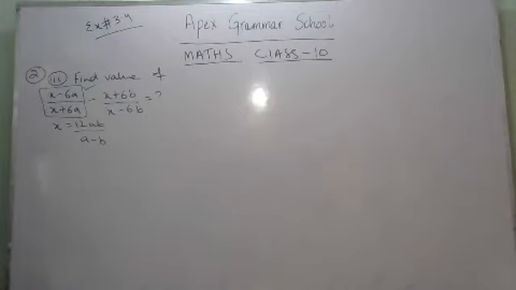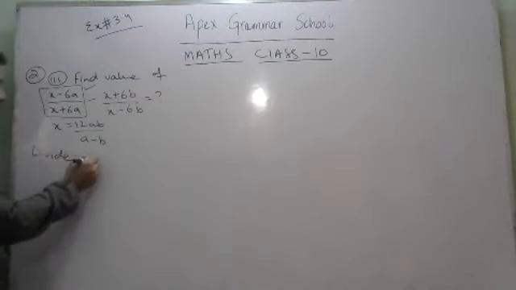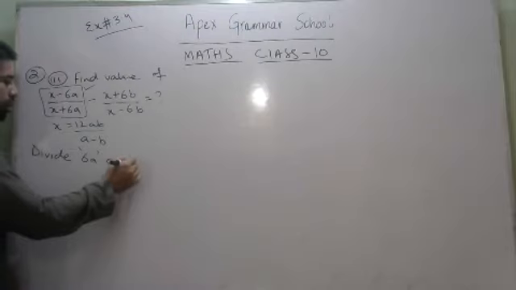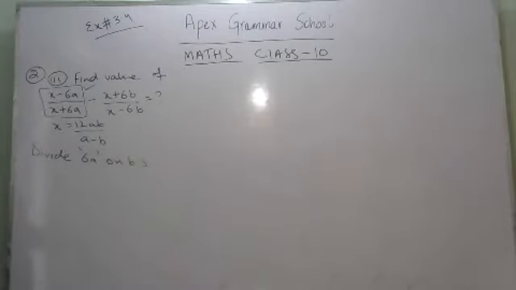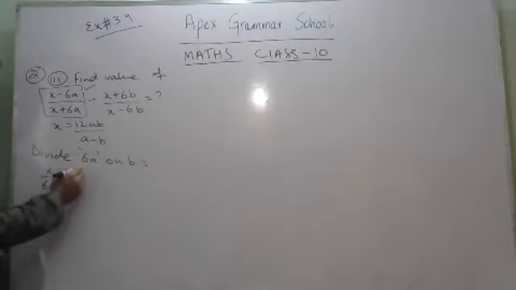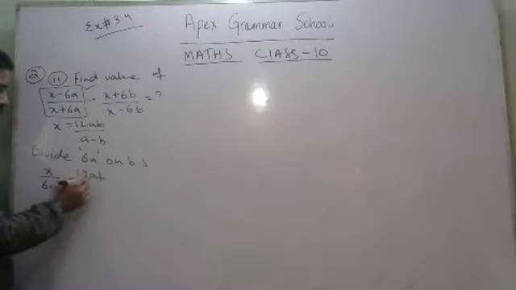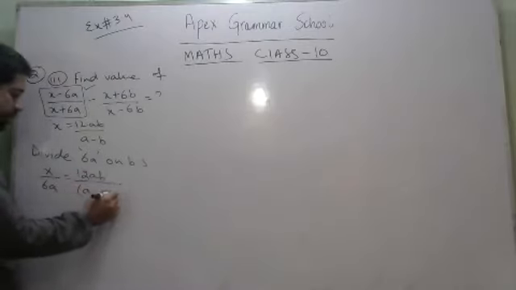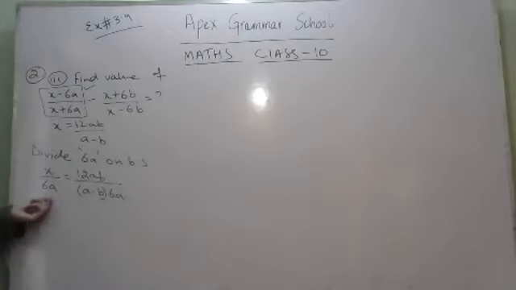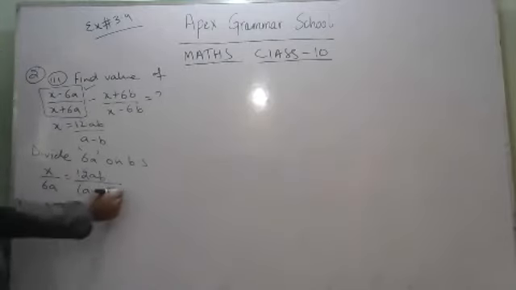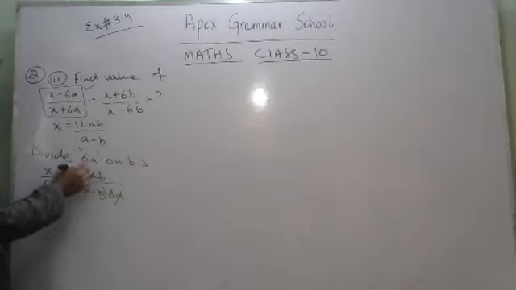So apply here, divide 6a on both sides. x over 6a is equal to 12ab power a minus 2 into 6a. Divide both of them. A cancels with this a, 6 1 plus 6 2 that.